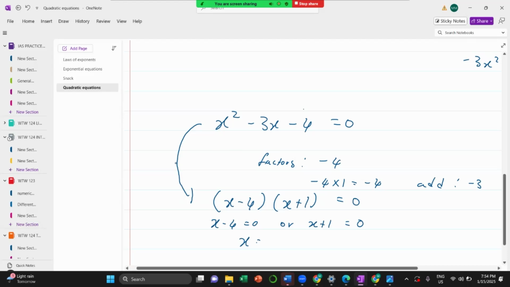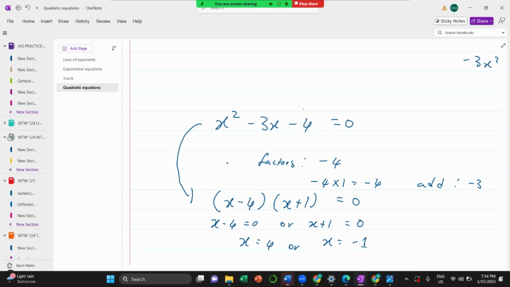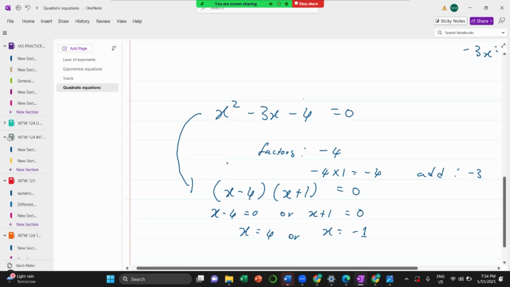Therefore, x is equal to 4, or x is equal to -1. Do you see the two solutions that we have? You have two solutions: x equal to 4, or x equal to -1. Are you okay?